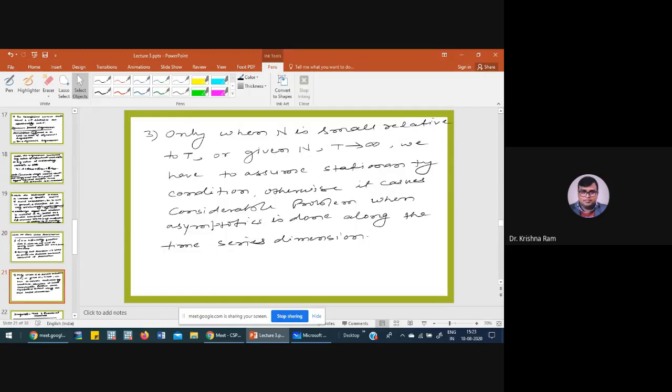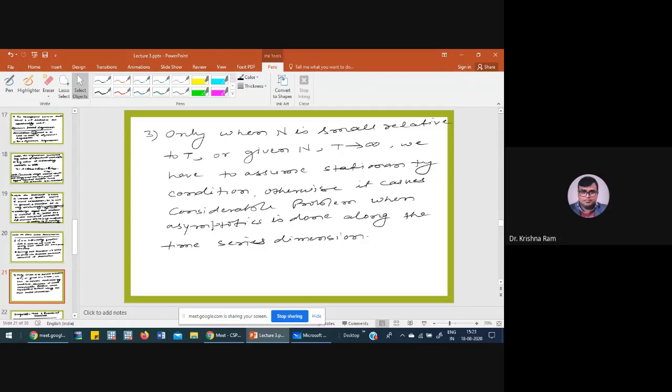But what if n is small relative to t? Suppose that in our earlier case I was discussing, you have only 10 cross-section components and 50 time series components.